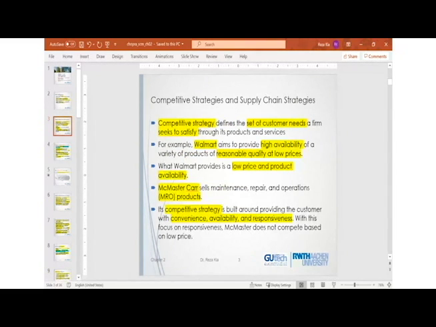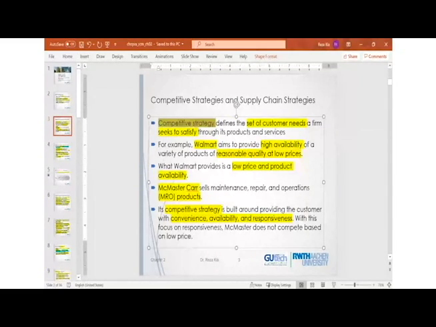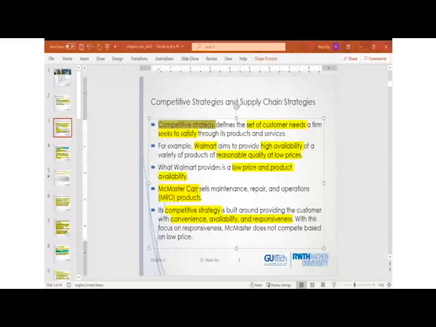So now, at the beginning, we are going to see the idea of competitive strategy. So when we say competitive strategy, if I want to make it simple, I would say that what is the question here? Lena, can you see the slide?